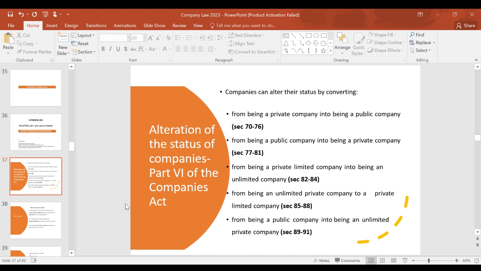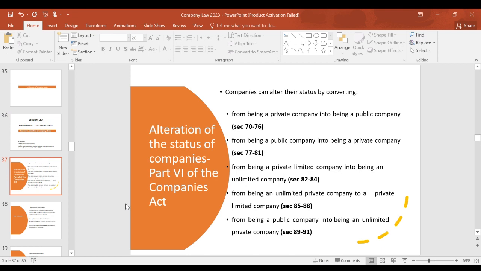So Section 70 to 76 provide for how a company can alter its status from being a private company into a public company. Of course, remember we talked about the private company and how it's restricted, including the requirement on the advertising their shareholding. Of course, they cannot trade on the Nairobi Stock Exchange market.